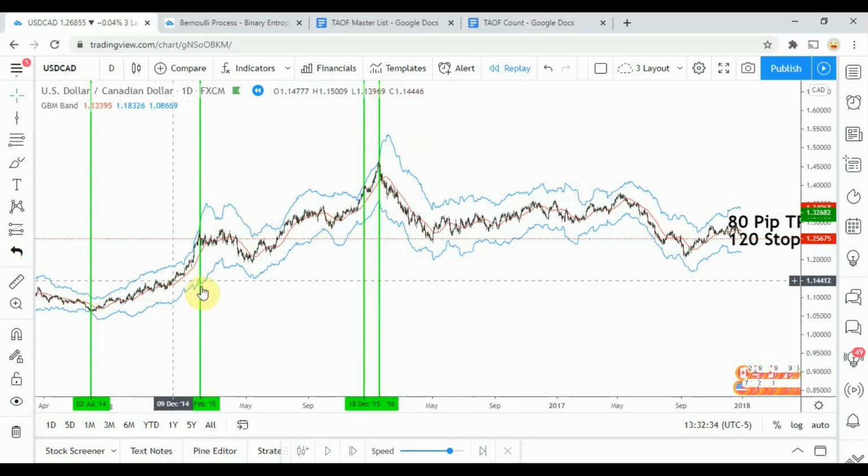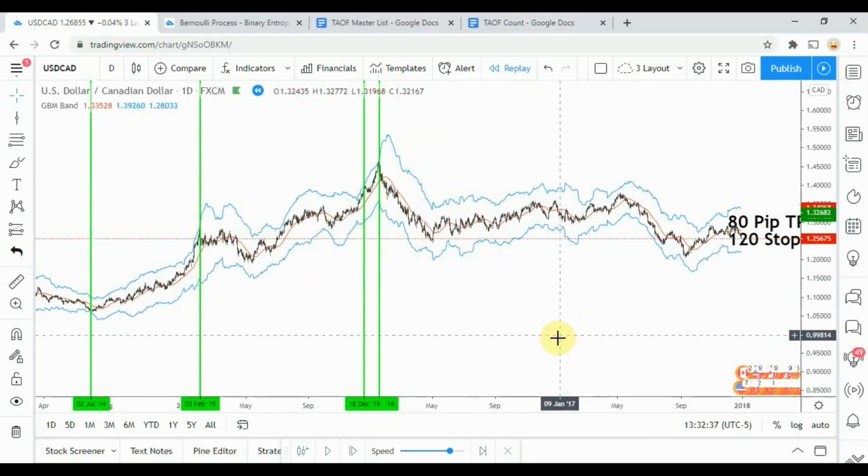Obviously, in 4 years, 4 signals is not a very logical way to test an indicator.